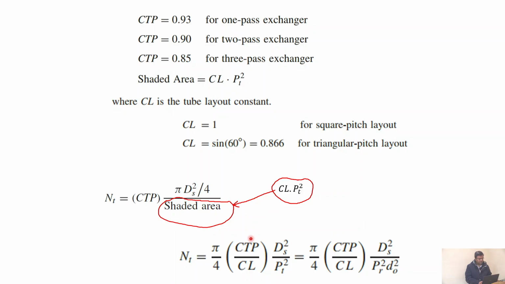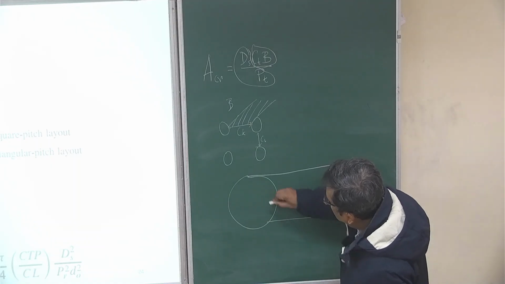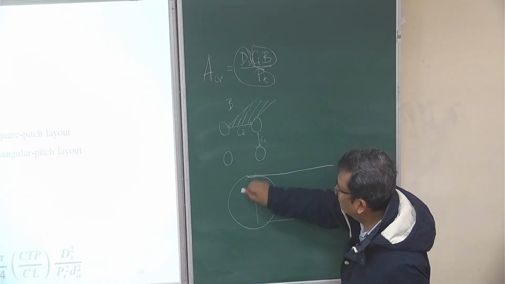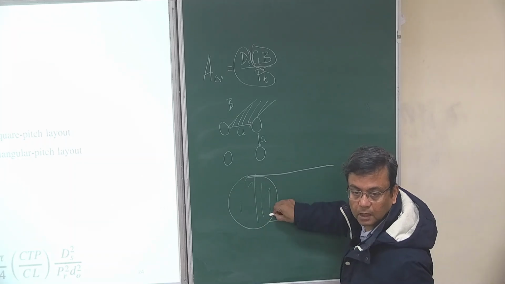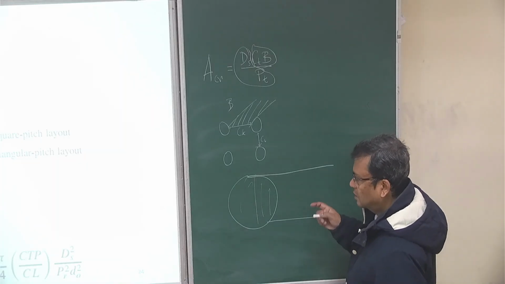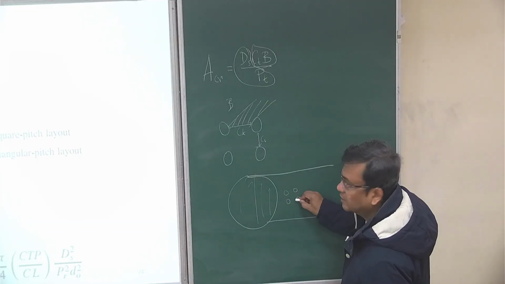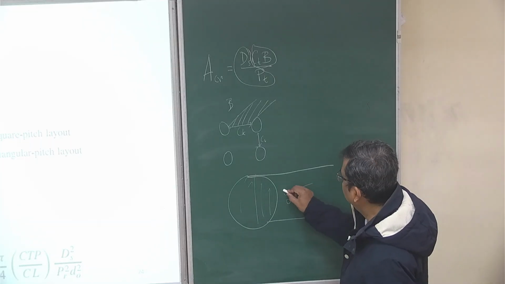So let's understand in a very simple way. This is pi ds squared by 4 divided by PT square. Pi ds squared by 4 is for the entire shell. And for a unit, like the unit that we are talking about, tubes are going like this.